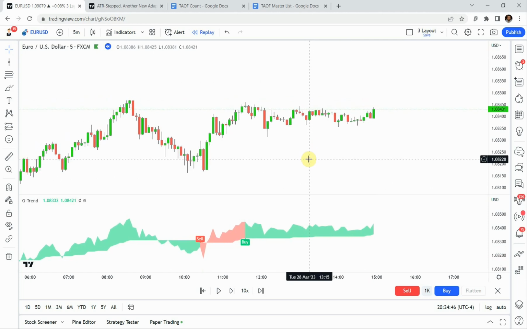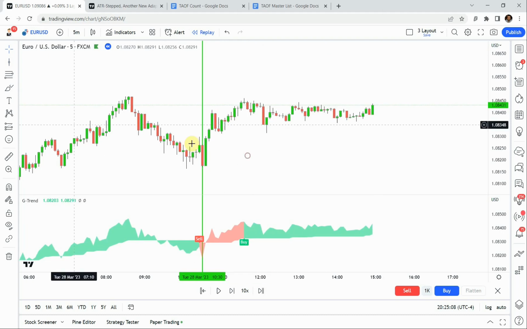So the setup on this is when it turns red, it gives us a sell signal. When it goes green, it gives us a buy signal. When we get a sell signal, that is a signal to go short. For example, we get a sell signal right here.